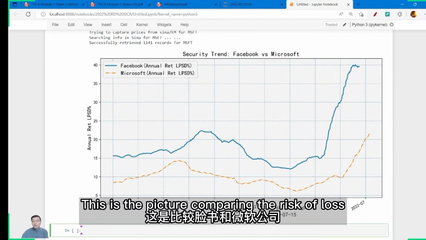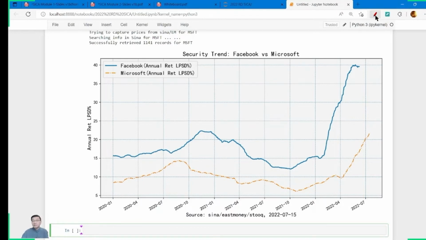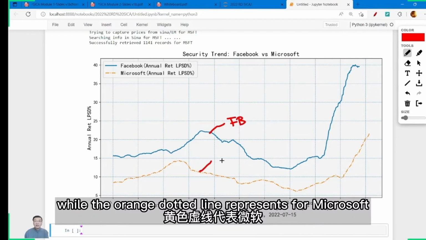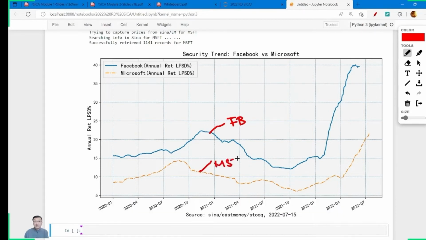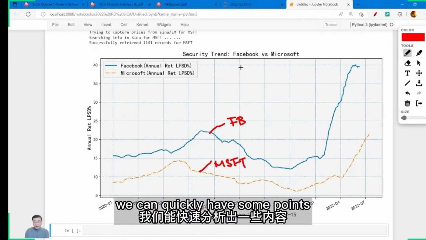This is the picture comparing the risk of loss between Facebook and Microsoft. The blue solid line represents Facebook, while the orange dotted line represents Microsoft. From these curves, we can quickly have some points.